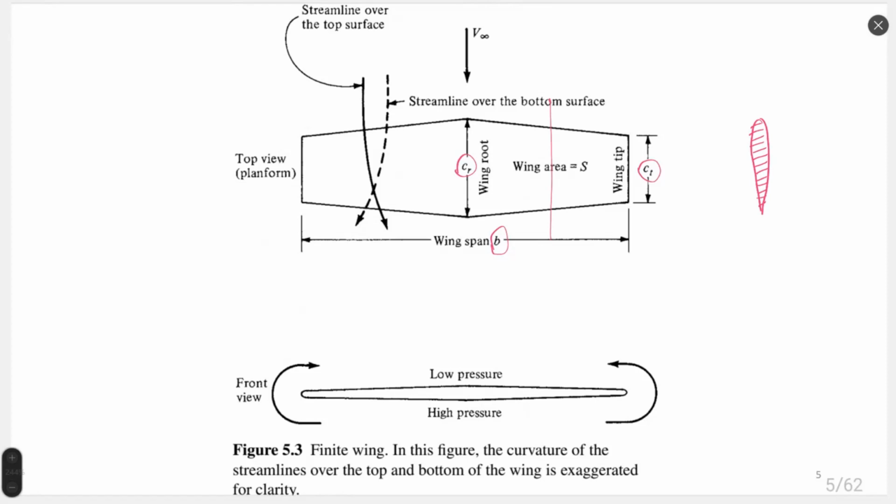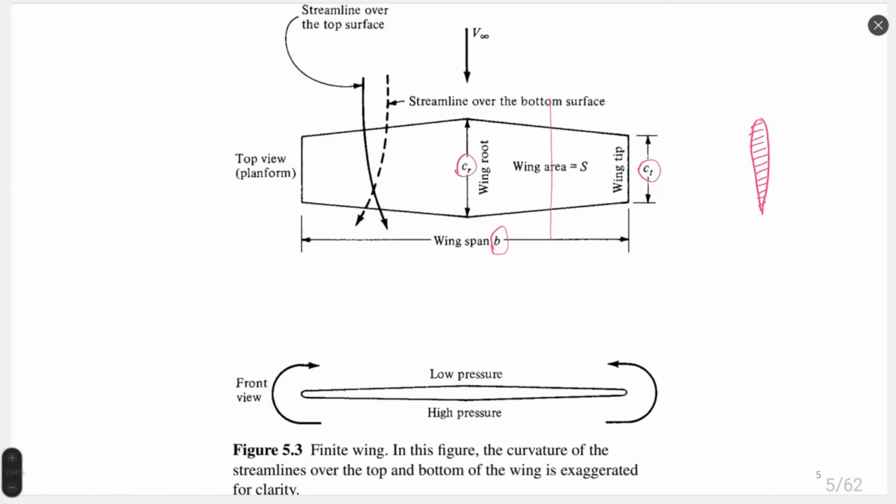There are different types of wings where, for example, a wing can be made of constant chord size. Such wings are usually called rectangular wings. It's a very similar, rectangular geometry.